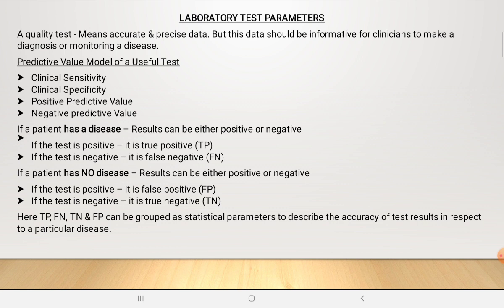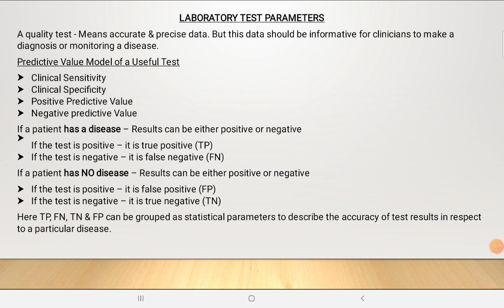If a patient has a disease, the result can be either positive or negative. As we say in a COVID test, a patient has got symptoms of COVID and they are doing the test. The test can come in two ways. It can be either positive or negative even if the patient is diseased.